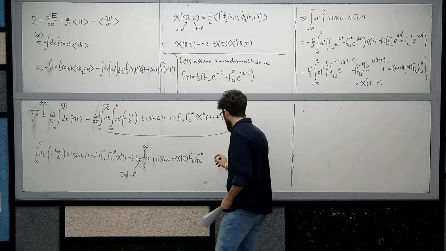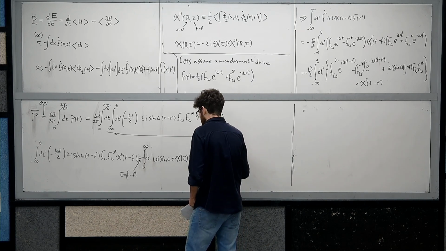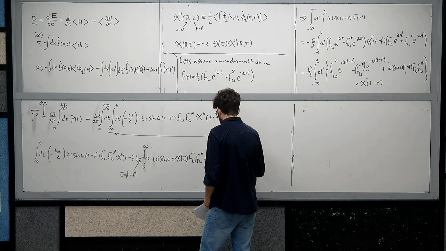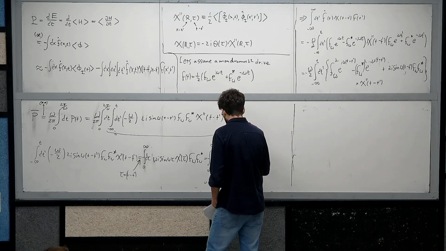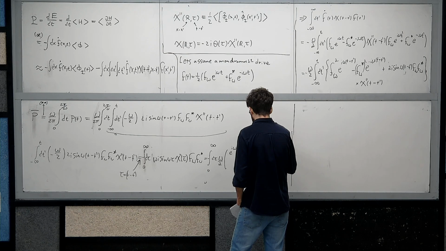Okay, so this thing I can open up into an integral from 0 to infinity d tau omega, and then I have over 2, and then I have e to the I omega tau chi double prime of tau minus e to the minus I omega tau chi double prime of tau.